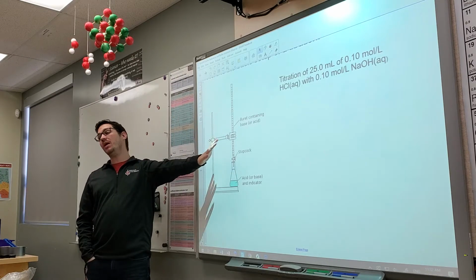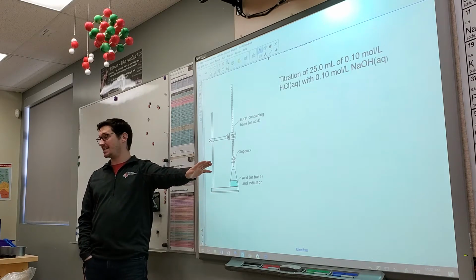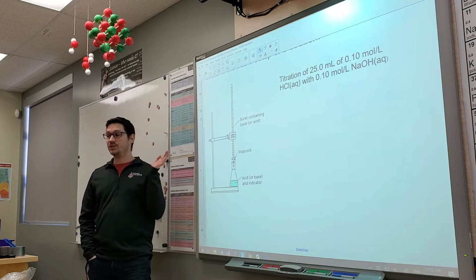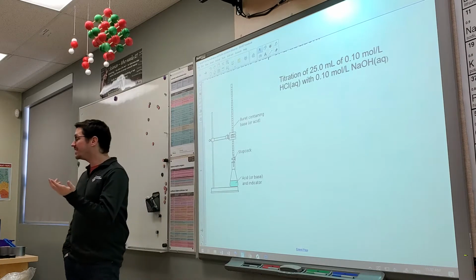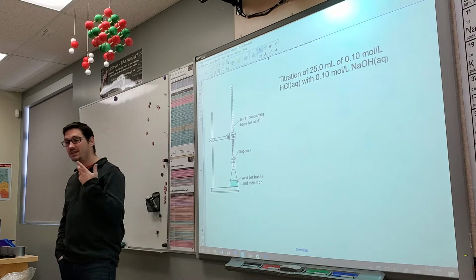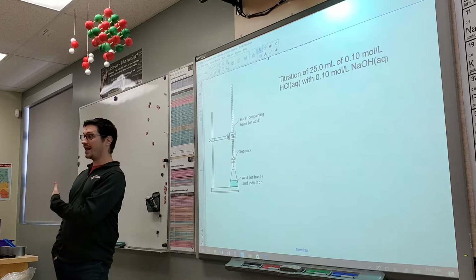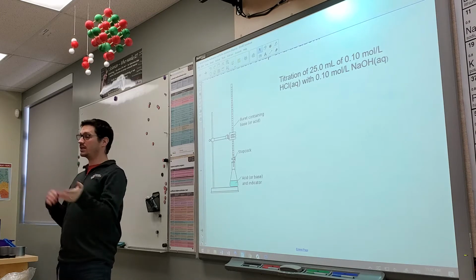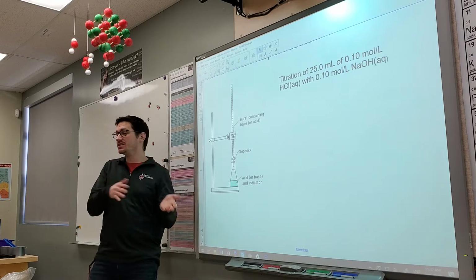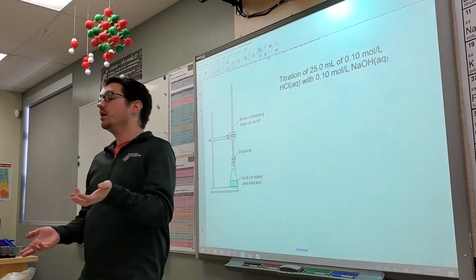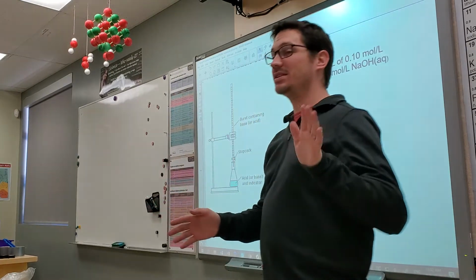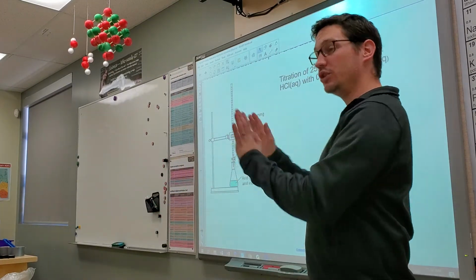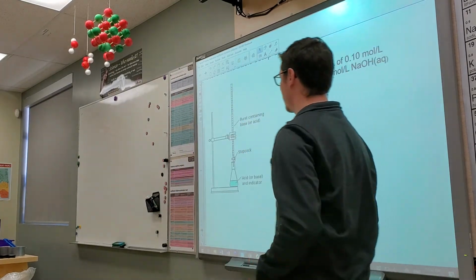Now, keep in mind, titrations don't have to be acid-base reactions. Titrations can be precipitation reactions. Titrations can be, in our next unit, redox reactions, the transfer of electrons, where acid-base is the transfer of a proton, right? So they don't have to be acid-base reactions, but often your experience is an acid-base reaction.